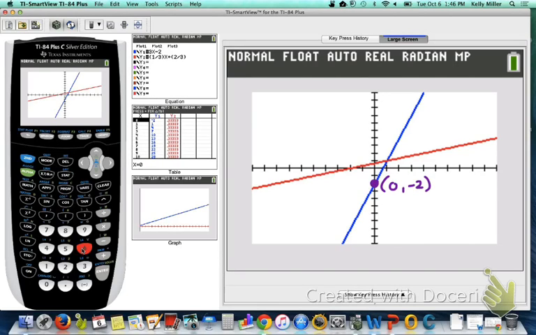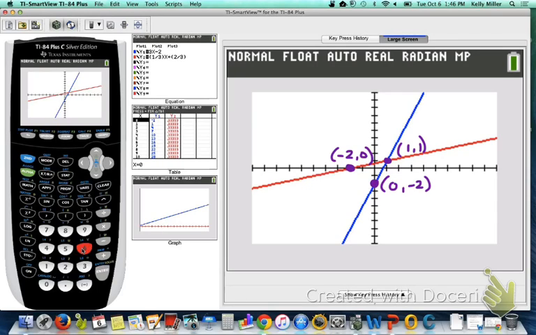Is that on the other graph? Yes, -2, 0. Let's pick another good point. Look at this point here. What's that coordinate point? 1, 1. What's the inverse of 1, 1? Is that on the other graph? Yeah.